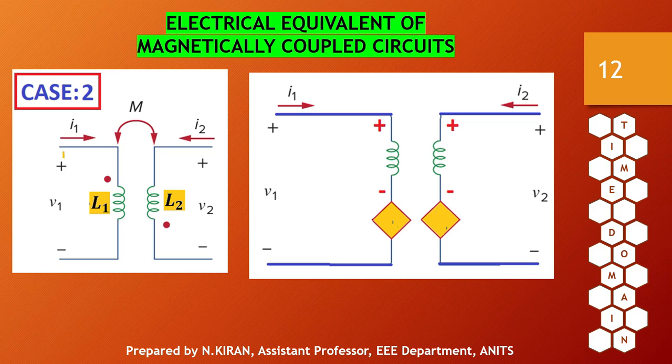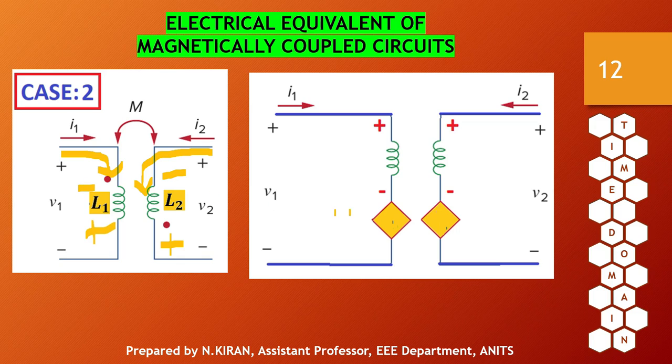When I consider current I1, in the first coil the I1 current is entering at the dotted end. Since it is entering at the dotted end of the first coil, in the second coil wherever the dot is located, the polarity will be positive there and the other end will be negative. Similarly, I2 current is entering at the undotted end of the second coil, so wherever the undotted end is located in the neighboring coil, I will get positive there and the other end will be negative.